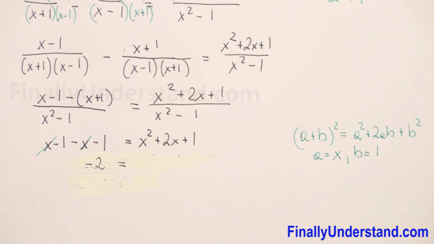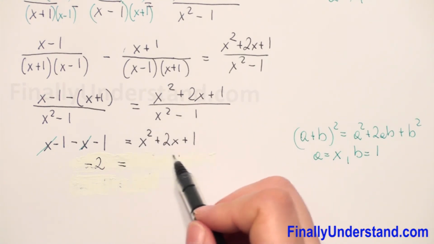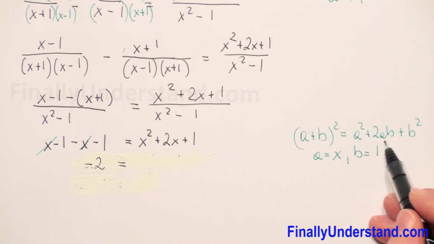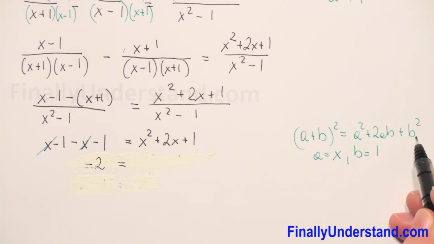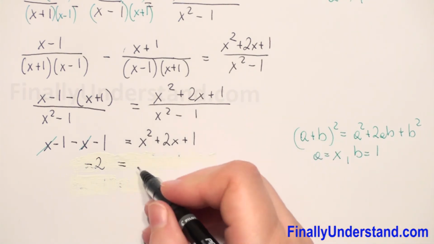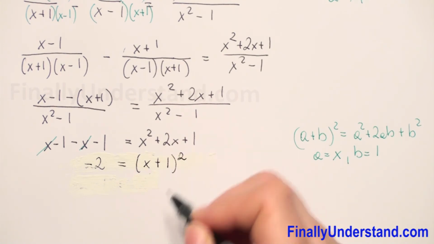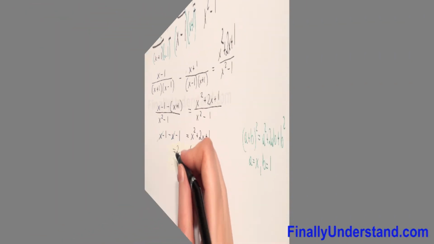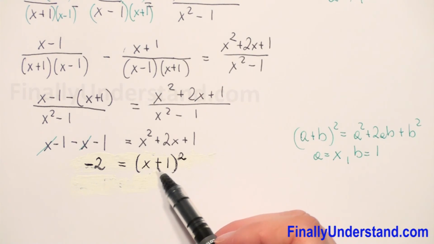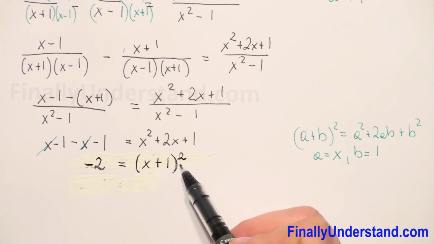So we can rewrite our right side. We will have x plus 1 to the second power on the right side.